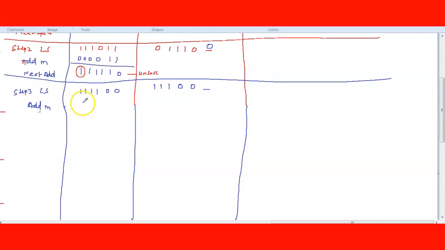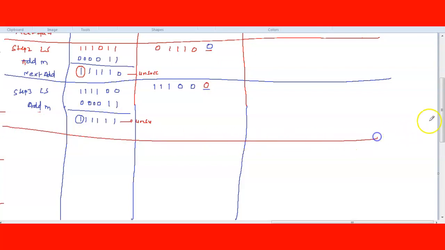Add M means add 3, which is 0 0 0 0 1 1. So we'll get 1 1 1 1 1 1 and this is also unsuccessful because the MSB is 1 here. So unsuccessful, so this bit will be 0. Till here step 3 is over.